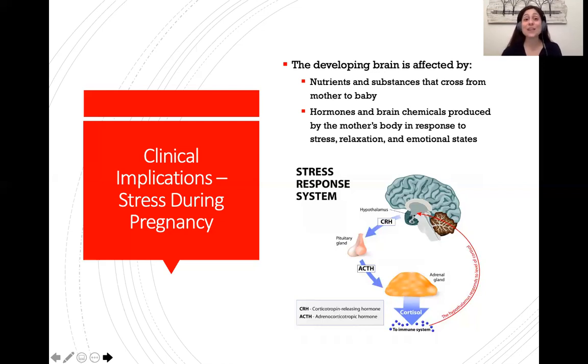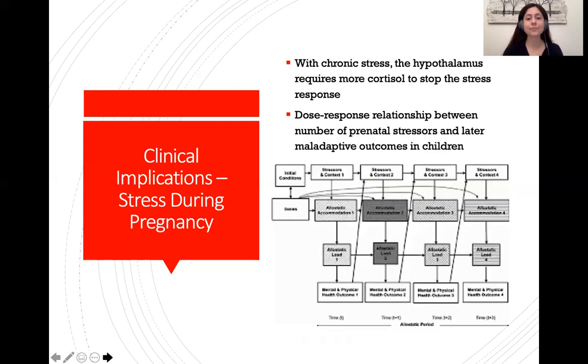This then goes to the adrenal glands, which triggers the adrenal glands to release cortisol, the stress hormone. The cortisol then travels back to the brain, and once there is enough cortisol, the hippocampus knows to stop the stress response.